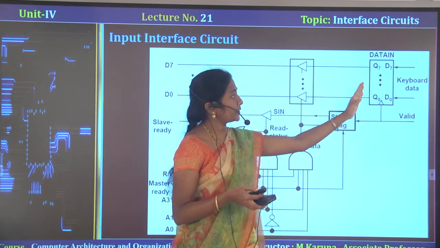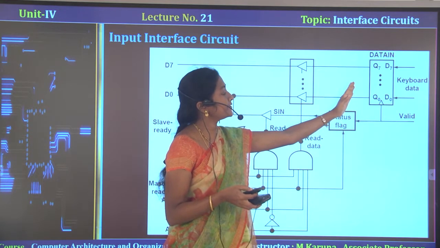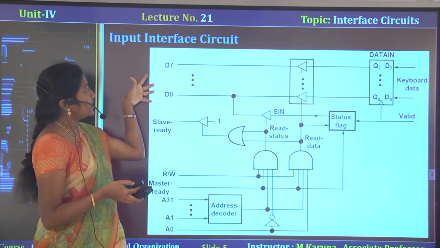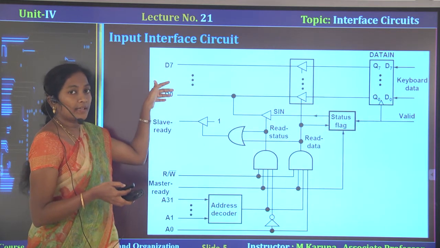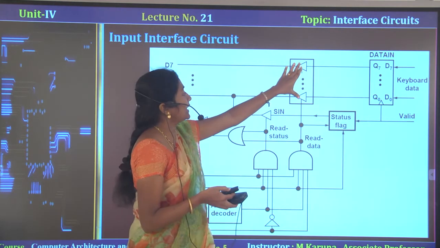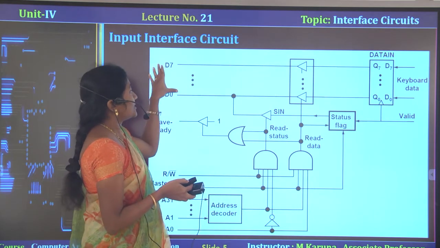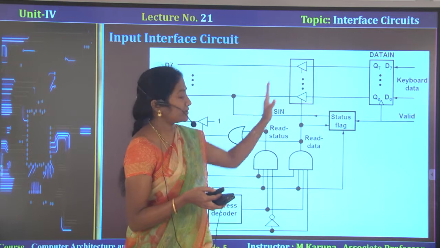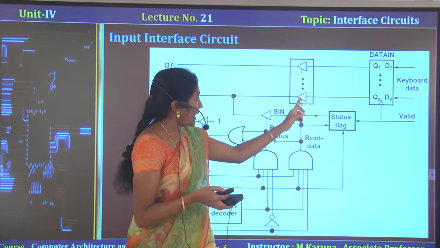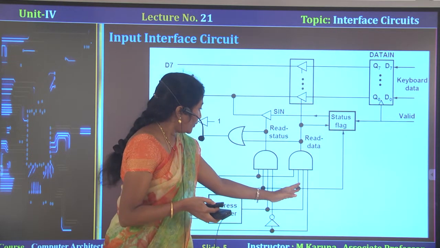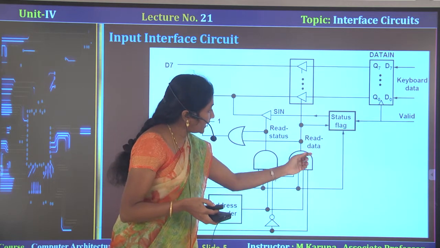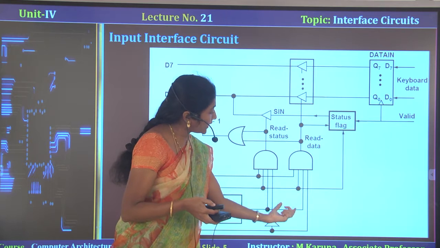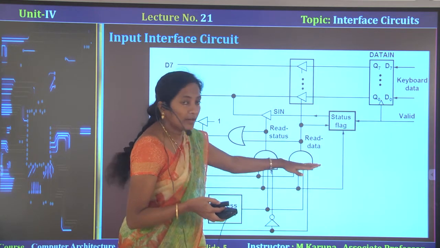Now whenever the key is pressed, the data is transferred to the data lines of the processor. D0 to D7 lines are connected to the processor. Data is transferred to the processor through the tri-state buffers, which are activated by read data. That read data is activated based on the inputs provided to the AND gate.